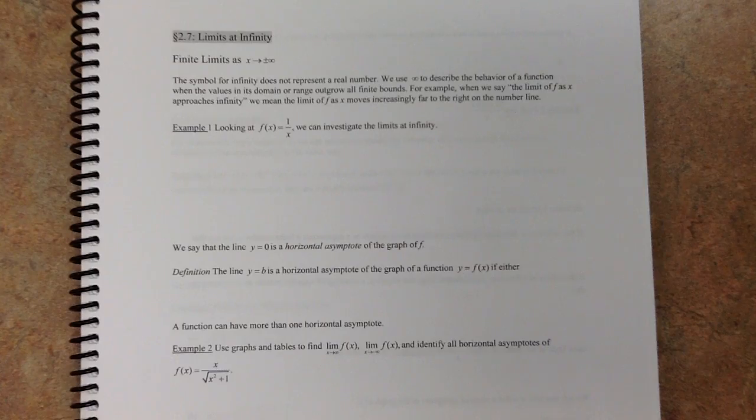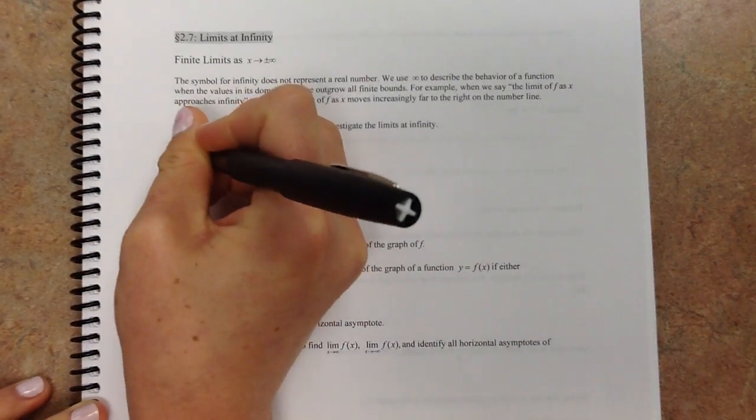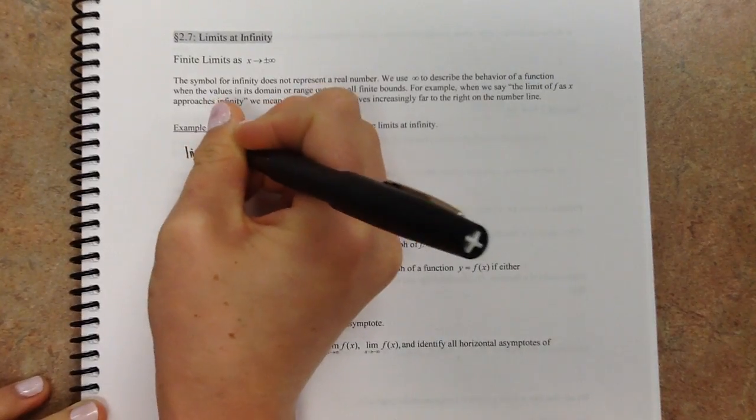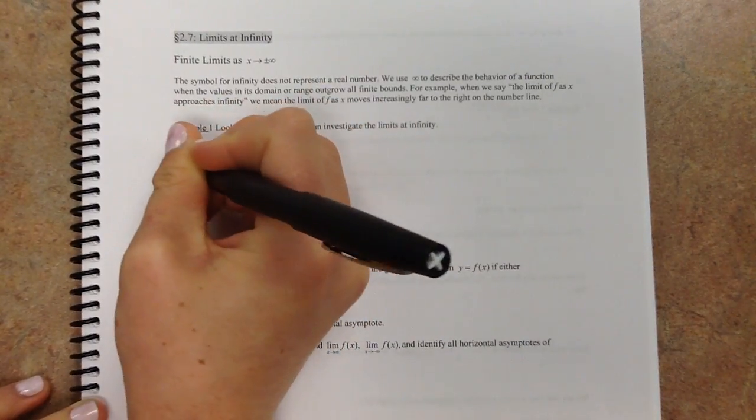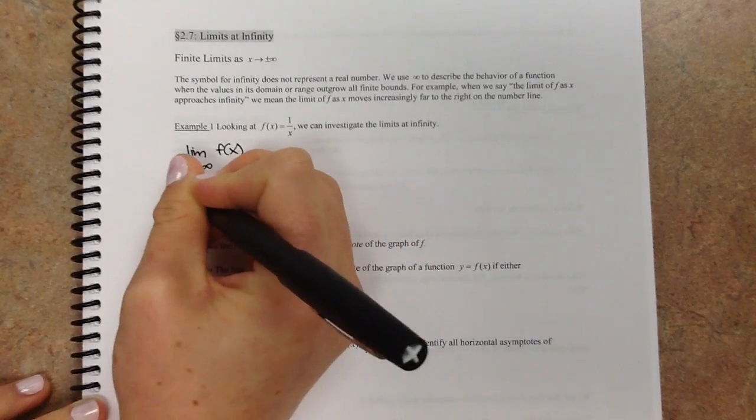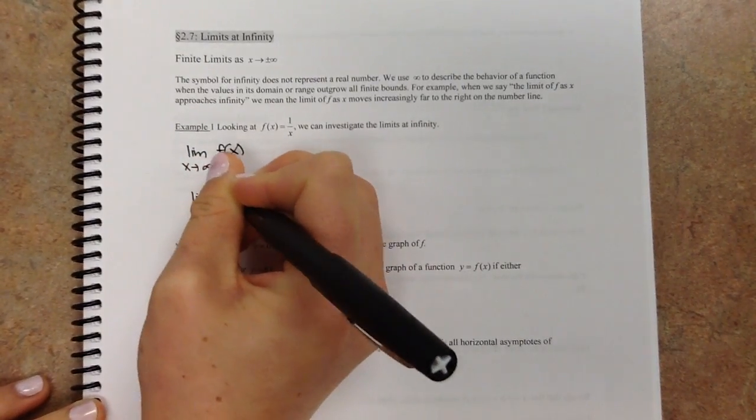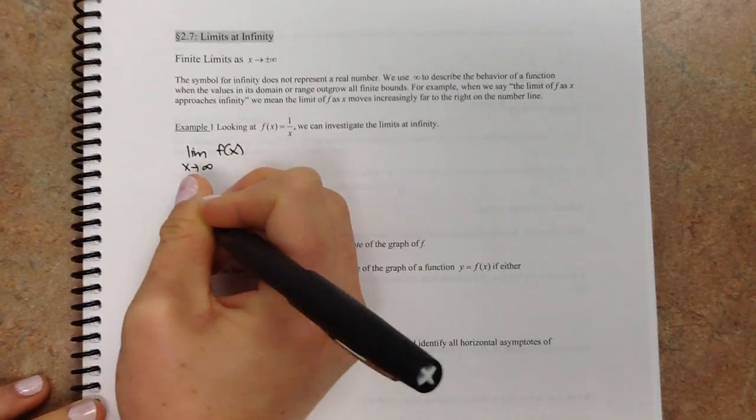So example 1, talking about this function right here, we want to investigate the limits at infinity. Let's do 2 different limits: the limit of f of x as x approaches positive infinity, and the limit of f of x as x approaches negative infinity.